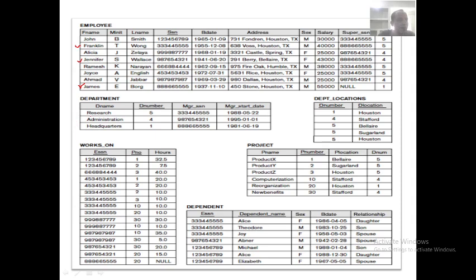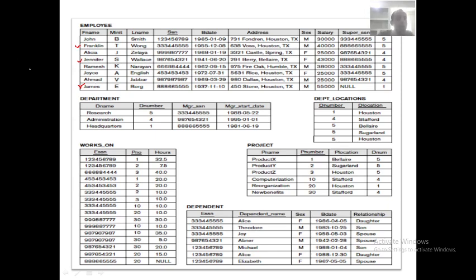Which are those departments? Research, administration, headquarters. These are the 3 departments.